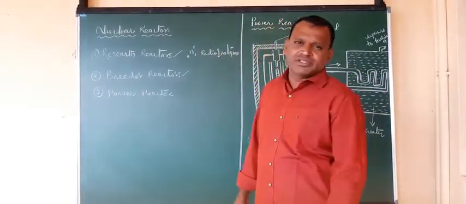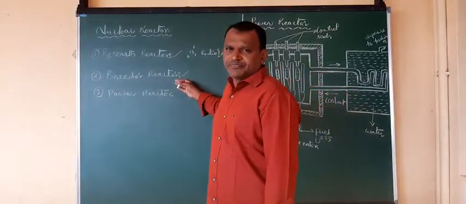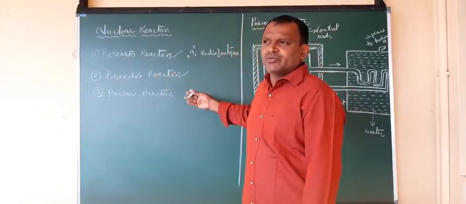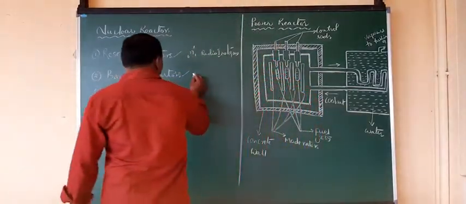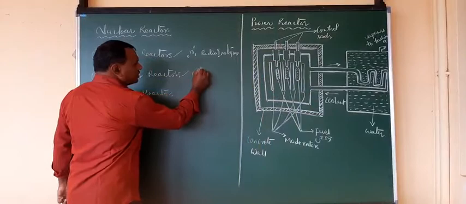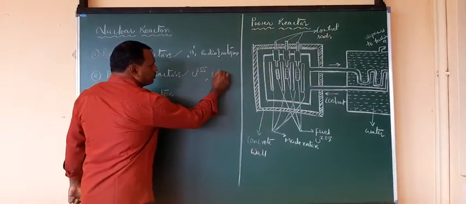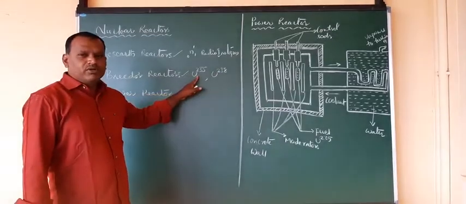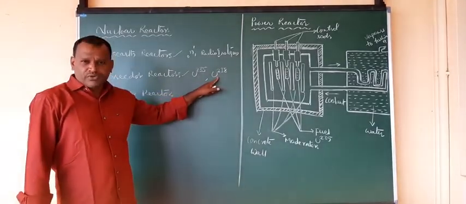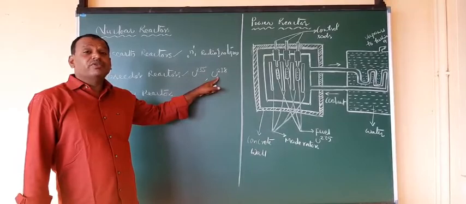So this breeder reactor is converting non-fissionable material. You have uranium isotopes, uranium 235 and uranium 238. Uranium 235 is fissionable, but uranium 238 is not fissionable with a slow neutron.